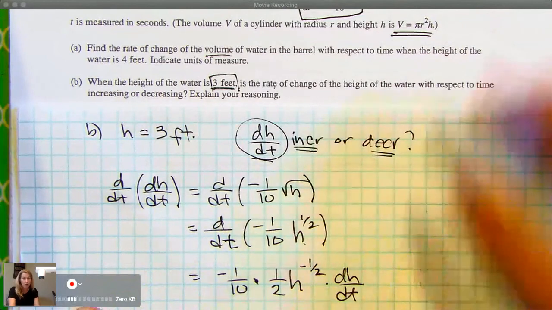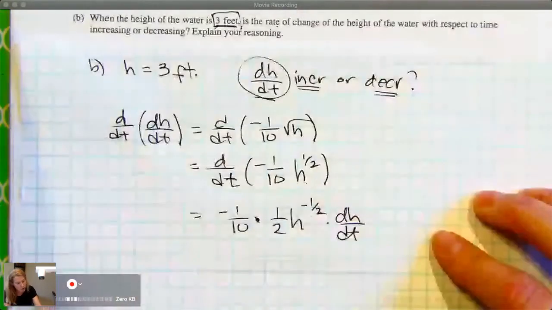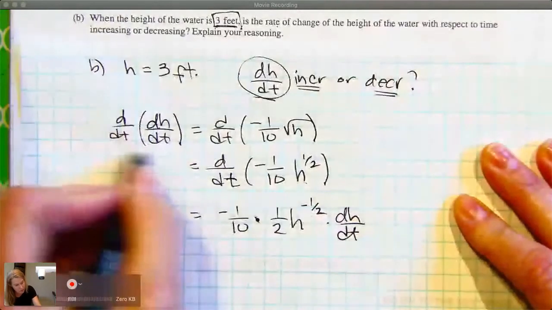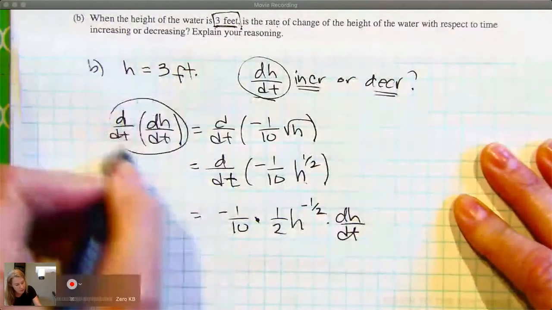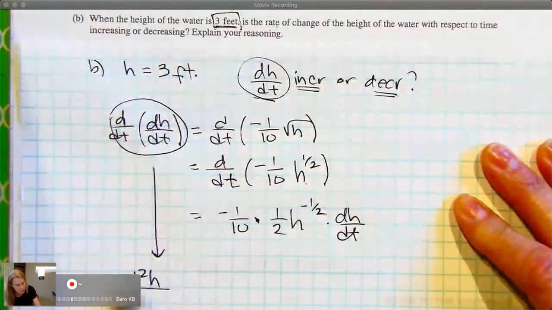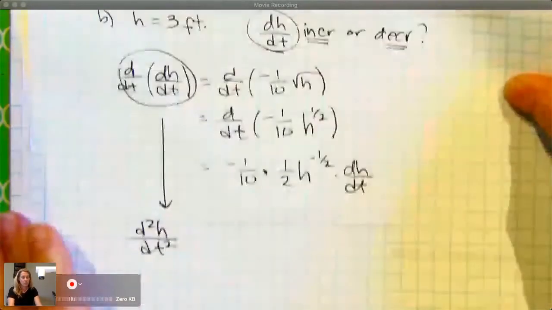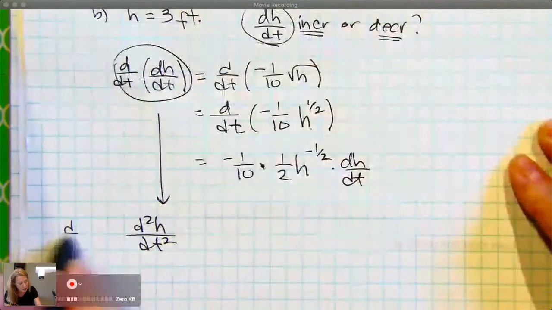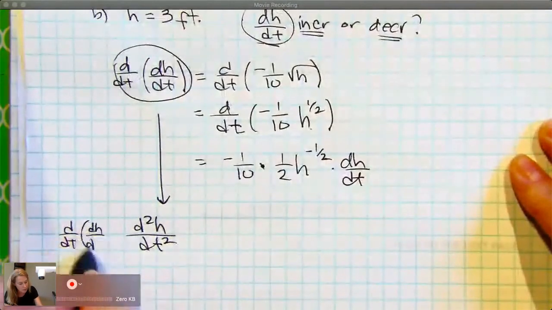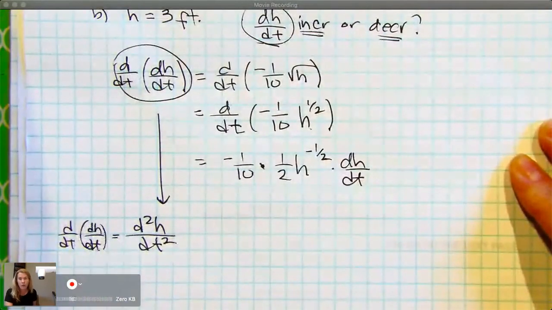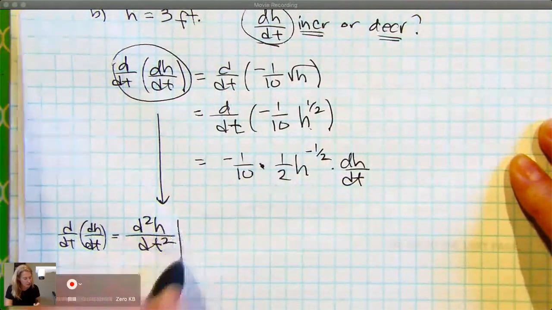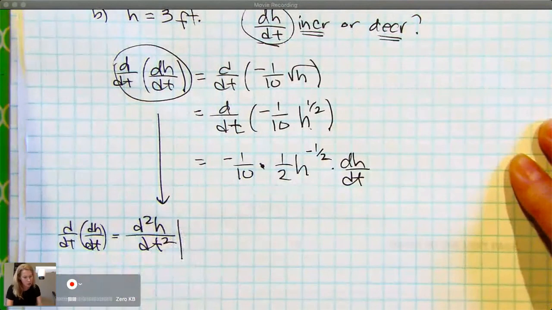By the way, this is interchangeable with the second derivative notation for h, which is the same thing as the derivative of dH/dt. And I want to evaluate that when h is 3.